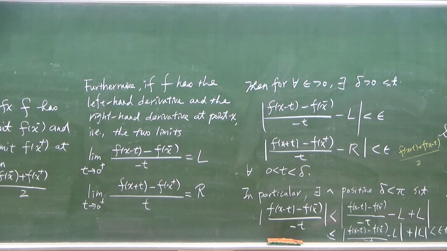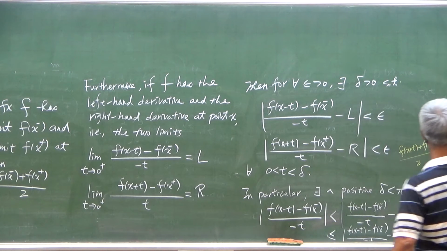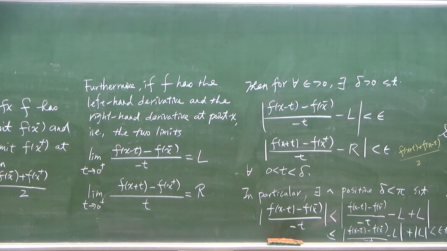Is that okay? When you have that, I check the absolute value. And again, by triangular inequality, this is less than or equal to L divided by 2 plus epsilon. So this function has an upper bound.